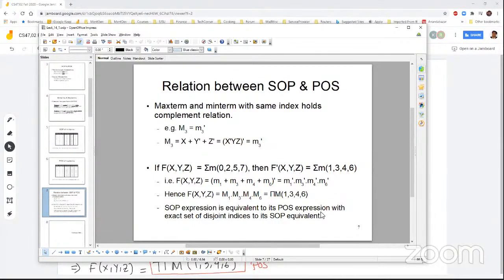They're just different expression forms, different writing forms of the same function. Either you are writing in a sum of products way or a product of sums way. So with that notion in mind, going forward in the K-map discussion and others, we'll be dealing with the SOP only, because POS is nothing but an SOP. So there is an equivalent SOP.